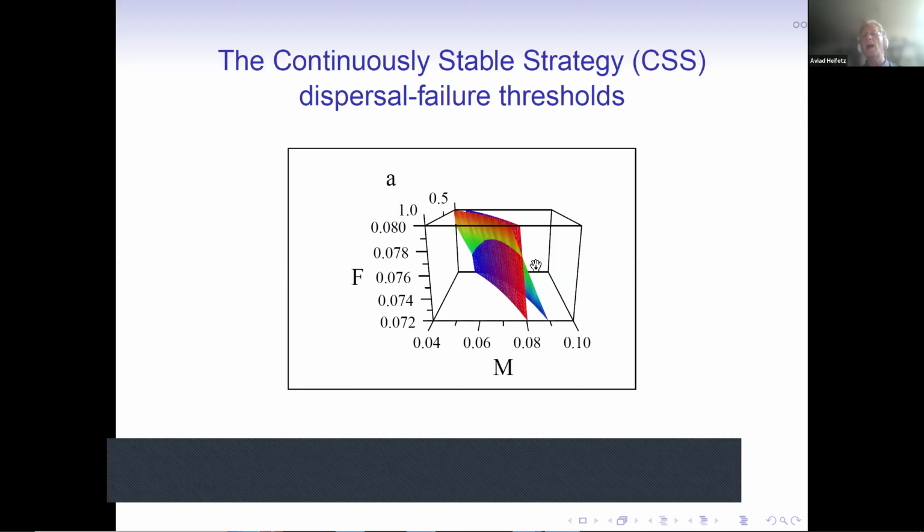And here is how this changes as the degree of asymmetry increases. Smaller A means more asymmetry. Then we can see that the threshold for males goes down, so they take lower risks in dispersal the more asymmetry there is.